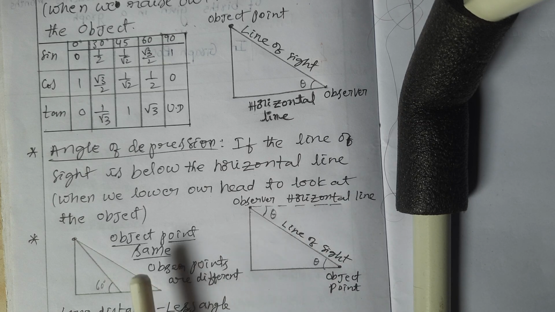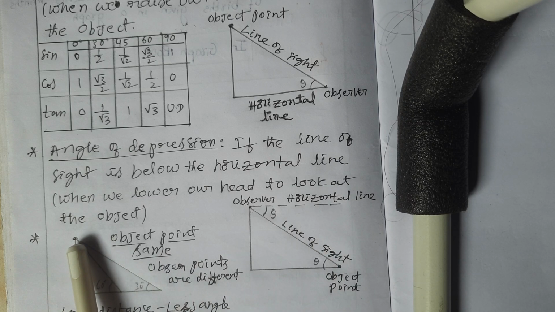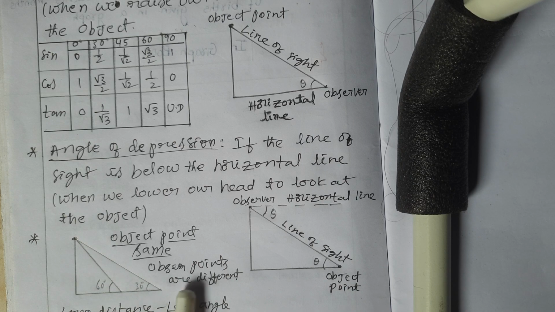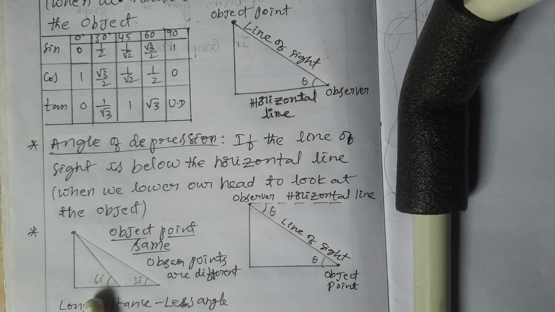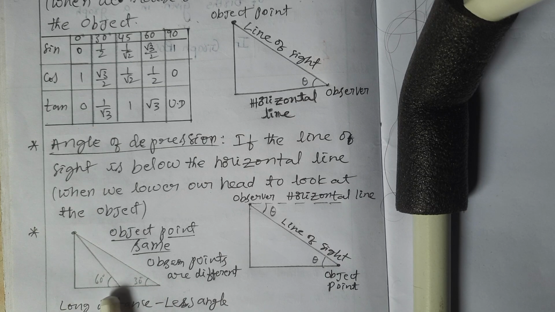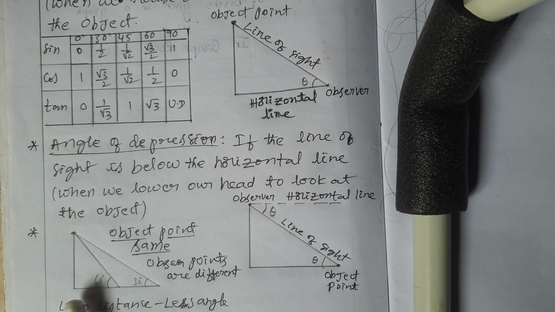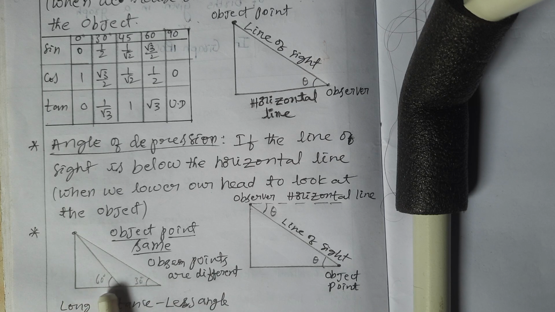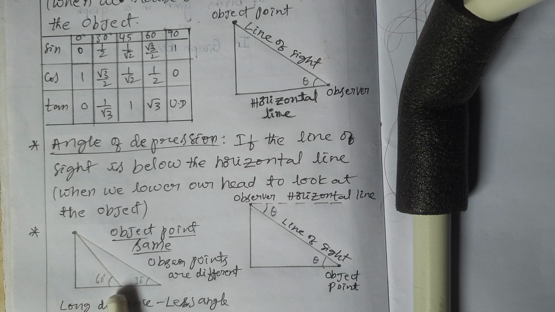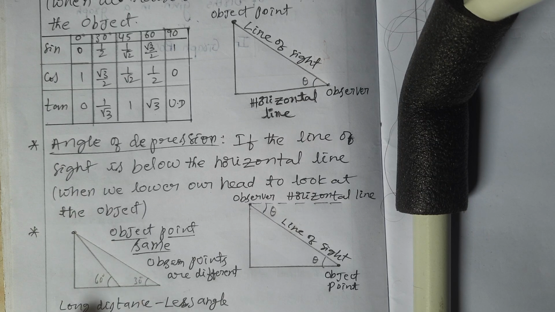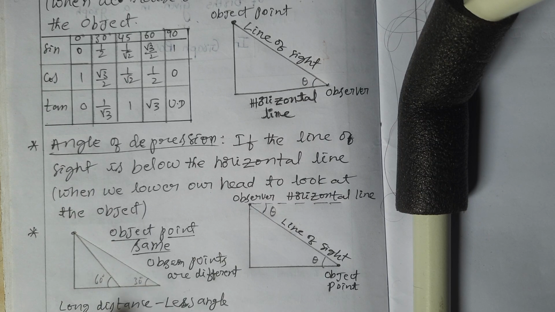Next, the object point is the same, but observer points are different. From the nearest point, the foot of the object, the angle is more. Long distance means less angle, less distance means more angle.